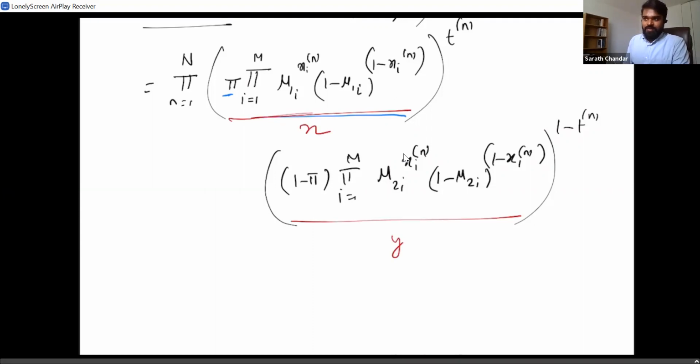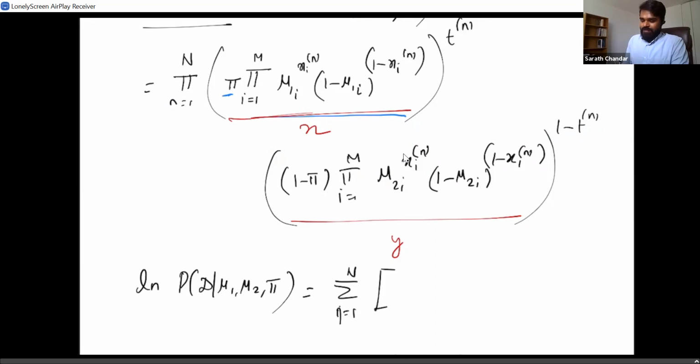So now this becomes ln probability of D given mu1, mu2, pi is equal to summation over n is equal to 1 to N. I'm switching from likelihood to log likelihood, so the product becomes summation: t to the power n ln x plus 1 minus t to the power n ln y.